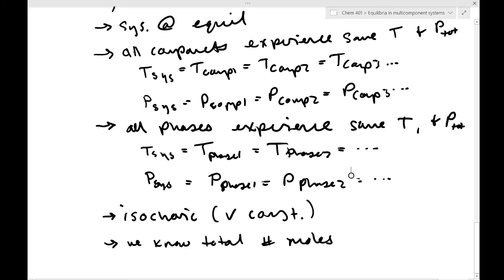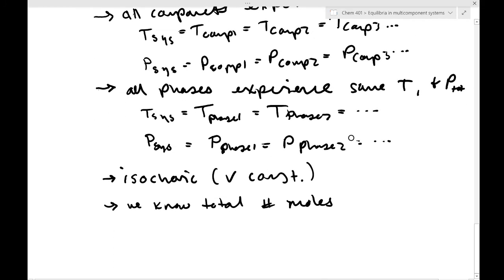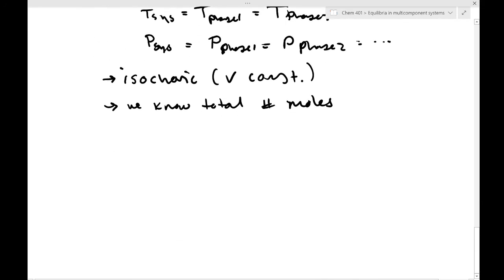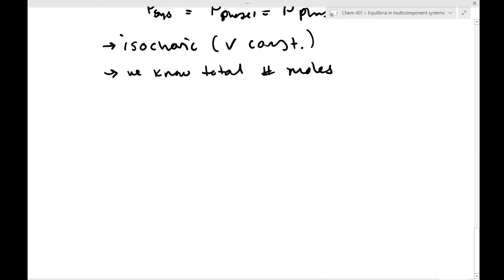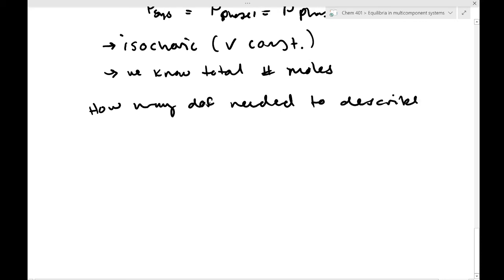So these are basically all of our degrees of freedom that we have to work with. The question now is, how many degrees of freedom are needed to describe the state? To completely describe the state.